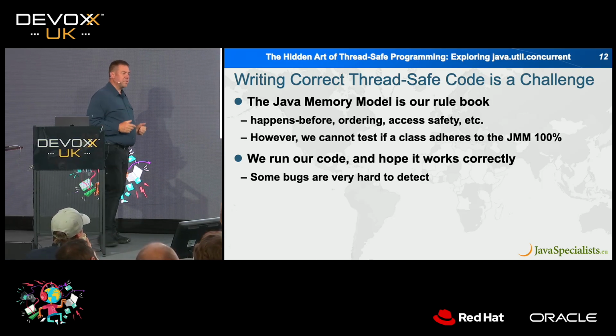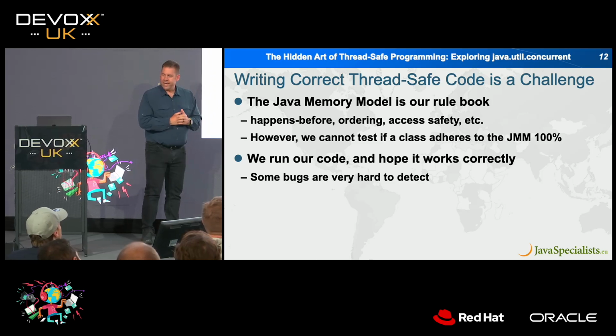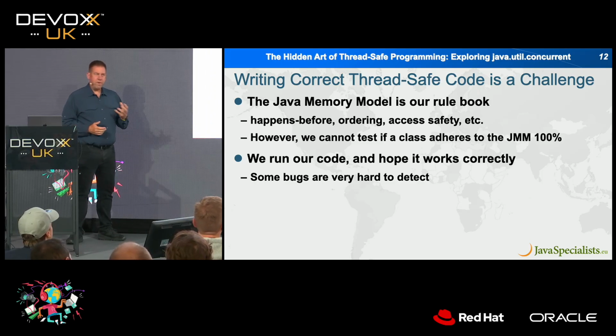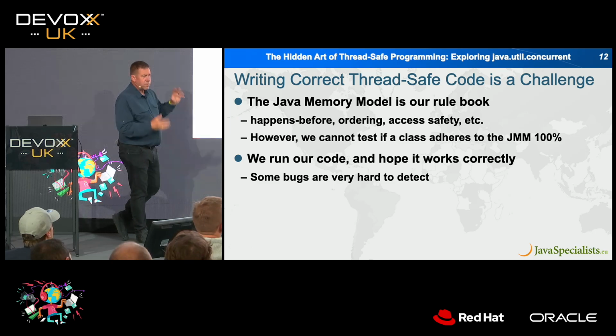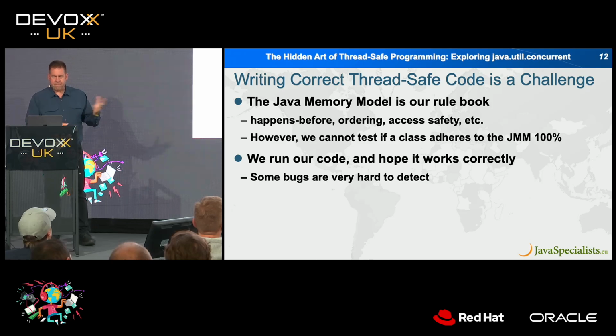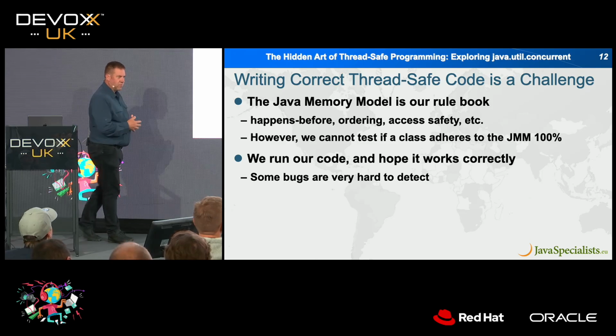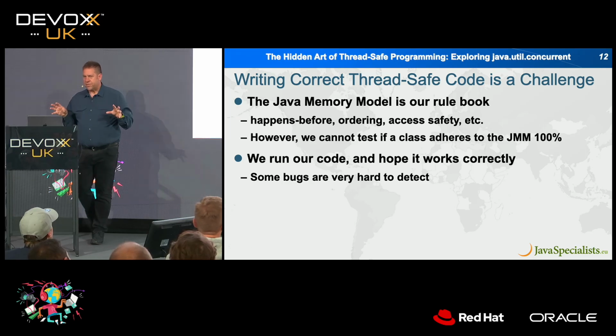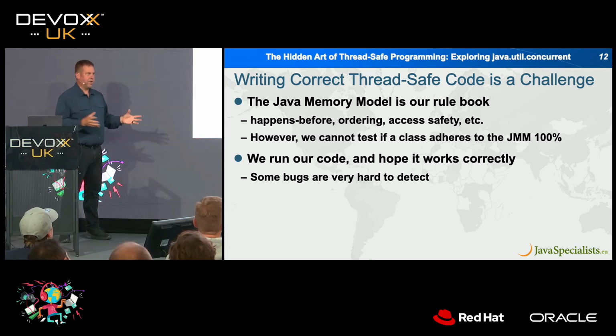Now, the challenge with writing correct thread-safe code is that we don't really know when we break the rules. You see, we've got the rule book, the Java memory model, and it has a whole bunch of rules of what happens before, how things are supposed to work, how the visibility is, and it's all about memory. There's no threading model as such.